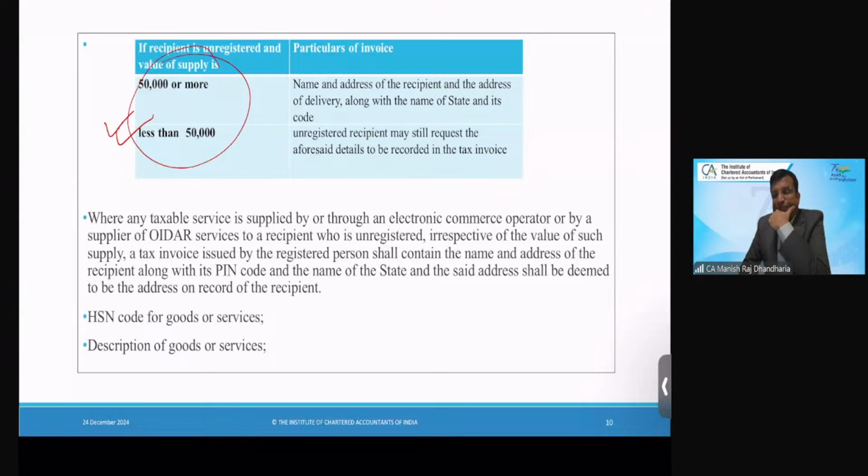Let me clear you. Look, PIN code is important because GST is the destination based tax. Someone is saying, we are talking this mainly for the unregistered person. Registered person का तो ऐसे भी रहेगा ही. Unregistered person, it is important to mention because GST is the destination based tax on the basis of state. वो स्टेट को रेवेन्यू मिलेगा जहां पे consumption हो रहा है. That's why it's important to mention the state.